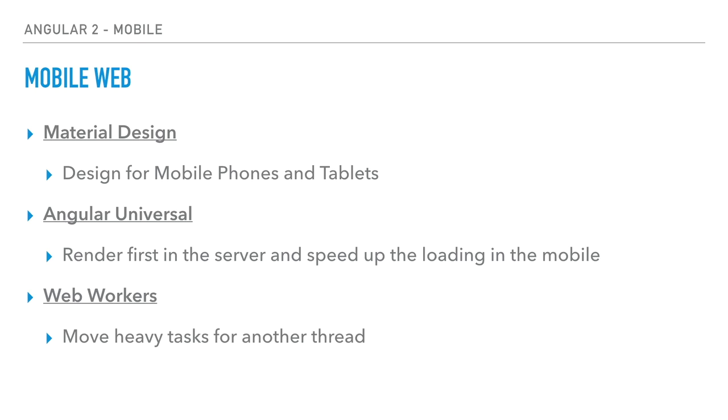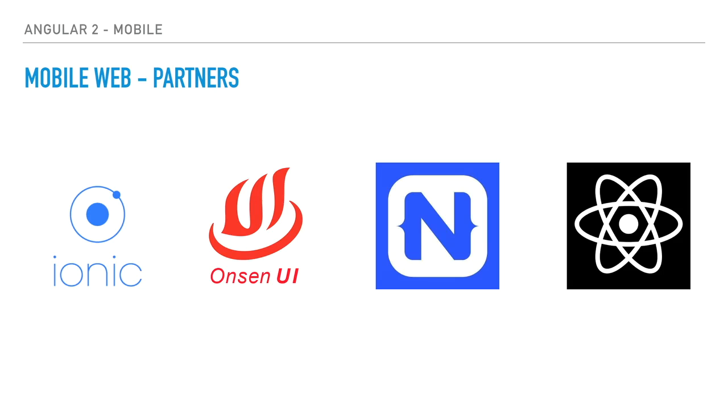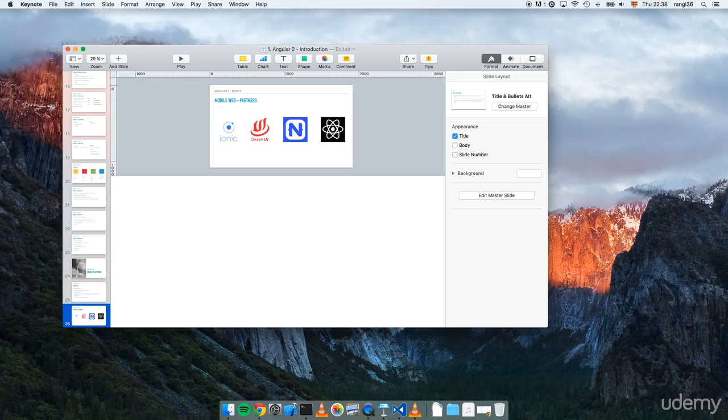And then we have web workers for putting Angular in another thread, and this will help a lot in mobile environments. Then we have mobile partners that are giving support to Angular 2 for them to use it. This is the case of Ionic, Ext JS from Sencha, NativeScript, and React. All of these are partners for mobile web and for Angular 2.